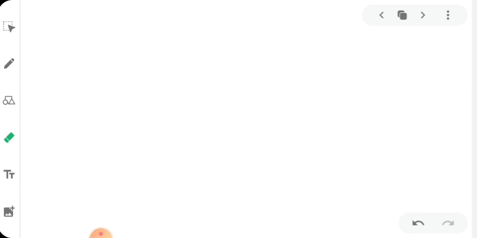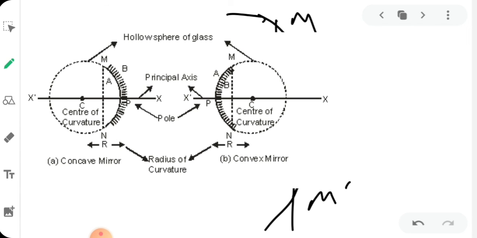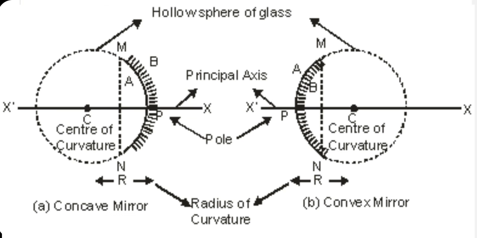Suppose this is a mirror, spherical mirror, and here we have point m and m dash. Actually this is our aperture, correct? So at this aperture, the distance between these two extreme points on the periphery of the mirror is linear aperture. What will we call it? Linear aperture. This distance m to m dash would be our linear aperture.